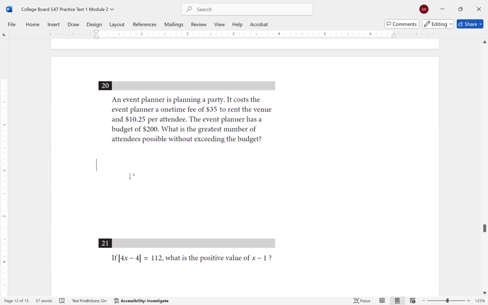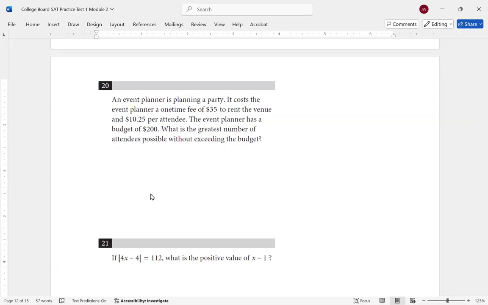Problem number 20 says an event planner is planning a party. It costs the event planner a one-time fee of $35 to rent a venue and $10.25 per attendee. The event planner has a budget of $200. What's the greatest number of attendees possible without exceeding the budget?